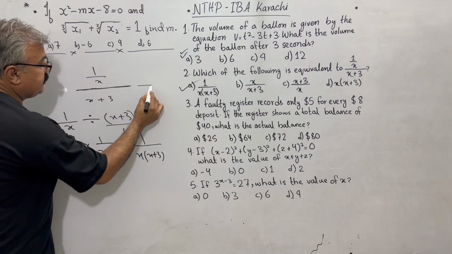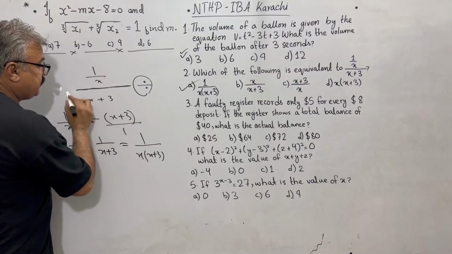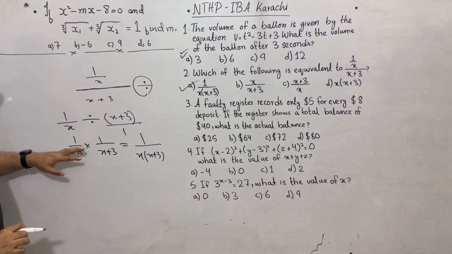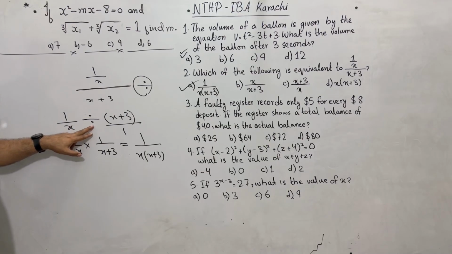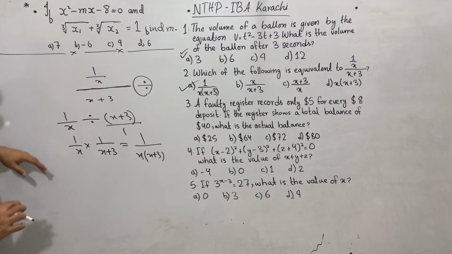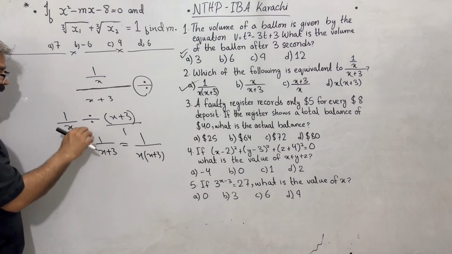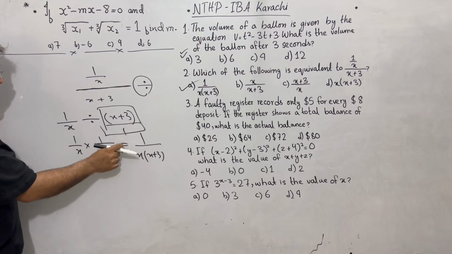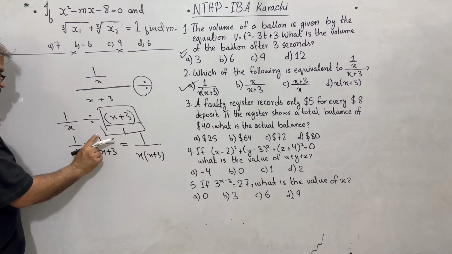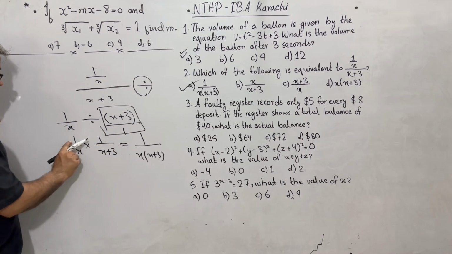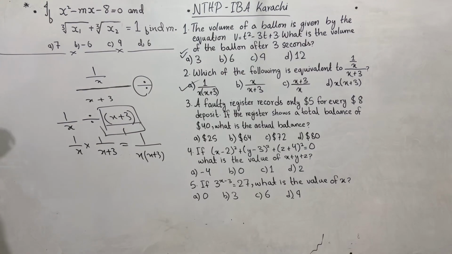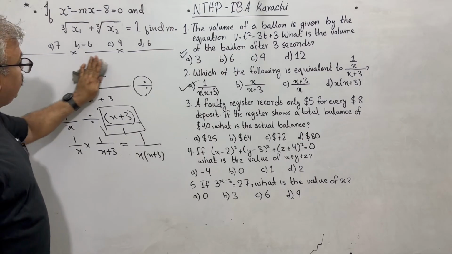Just replace the main upon by division, and then in order to simplify, convert this division into multiplication by finding the reciprocal or multiplicative inverse of this term, that is 1 over x plus 3. Write them together: 1 over x times x plus 3. So option A is the correct option for question number 2.